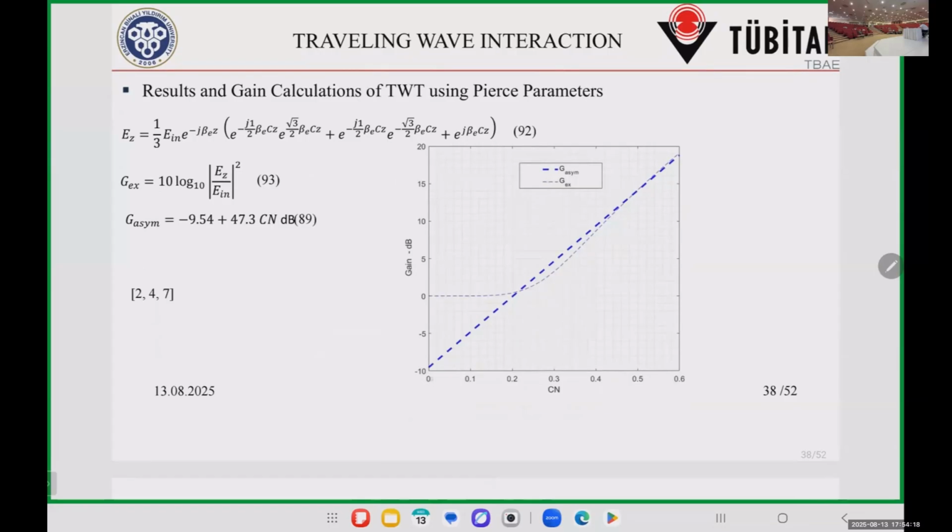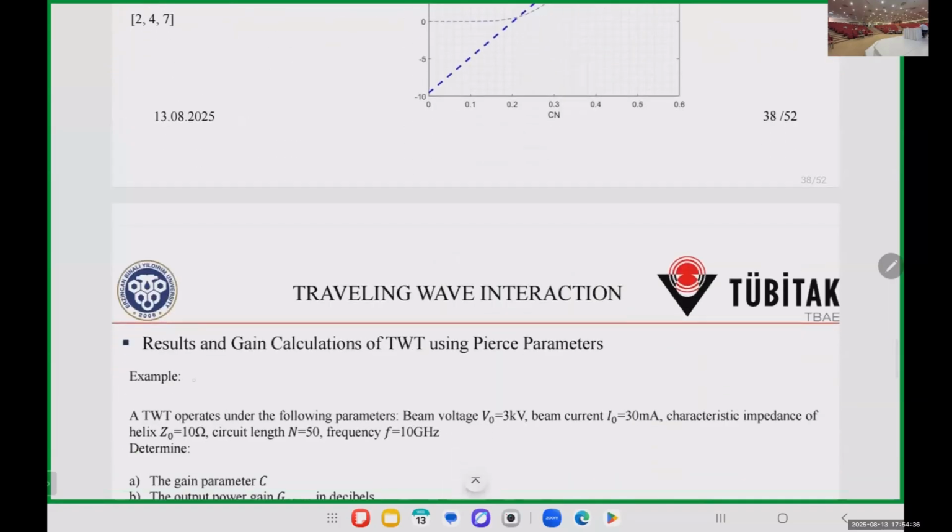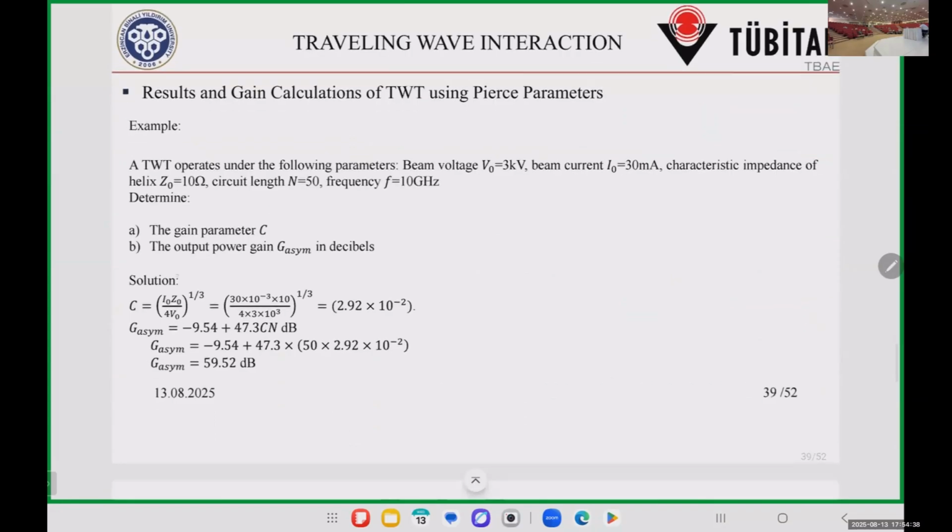We have initial loss here. We just think about the asymptotic version. If we think about the exact version of power gain, then we can say gain starts from 0 here. So this is an example.